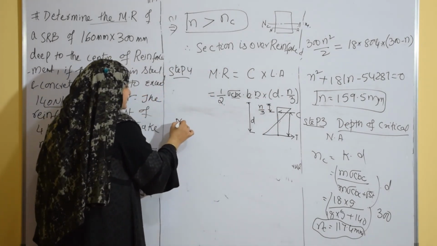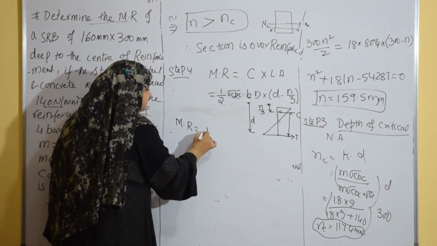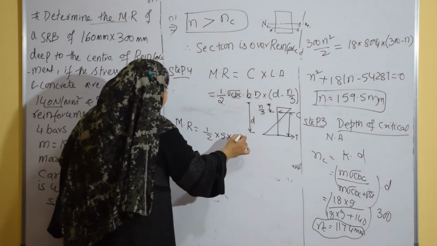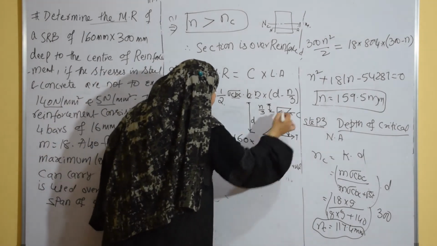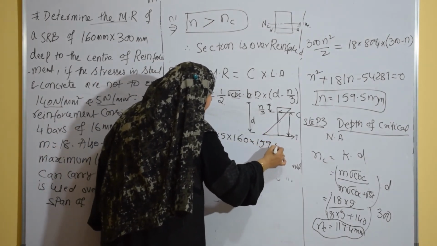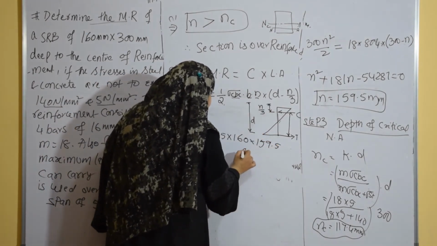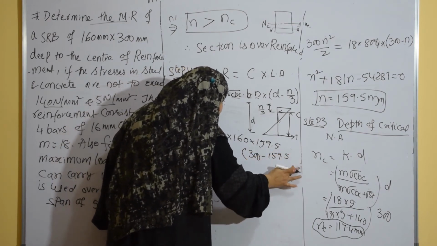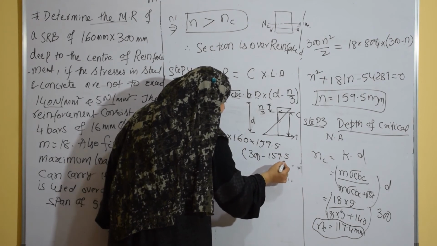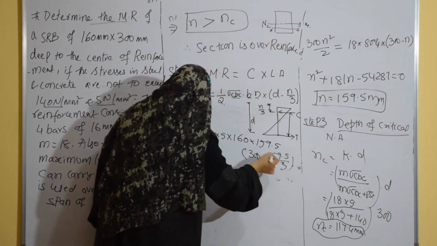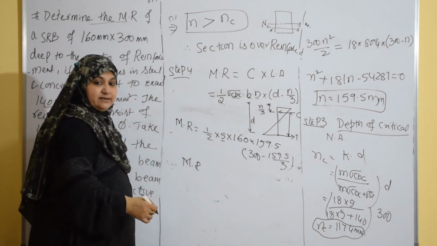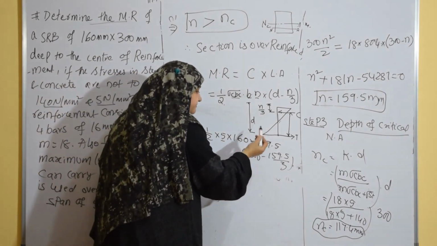So all the values are there with you. Simply substitute half into 5 into 160 into N, the given section, not the critical one, into D minus 159.5 by 3. Okay, you get a very big number, because this is in Newton per mm square, this is in mm, this is in mm.